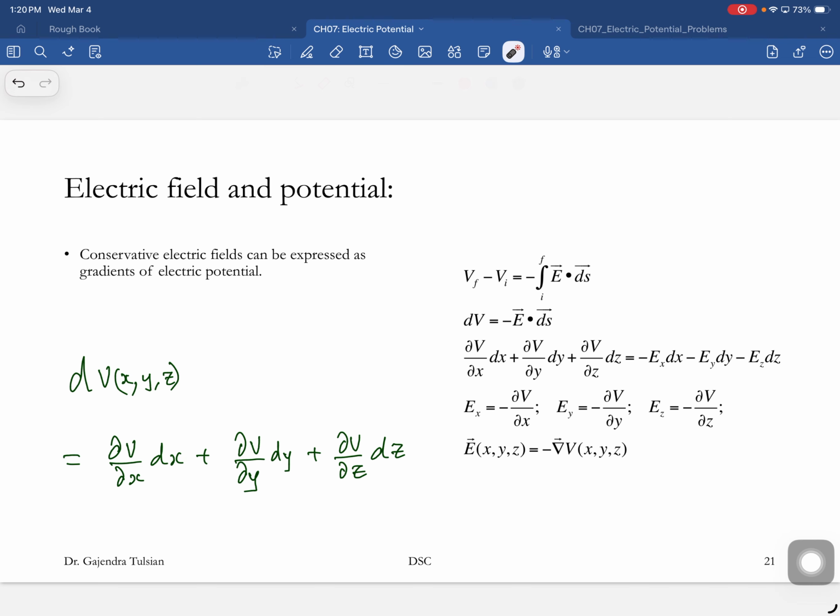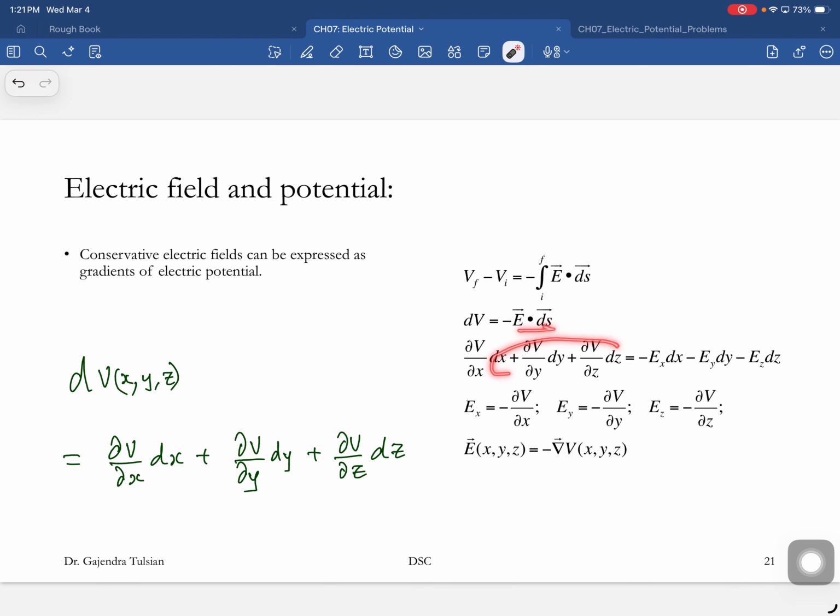So this change is equal to the change because of motion along the x-axis, this change due to the motion along the y-axis, and this change due to the motion along the z-axis. So let's say if you went from here to there, x-axis, y-axis, z-axis. So that's what this is.